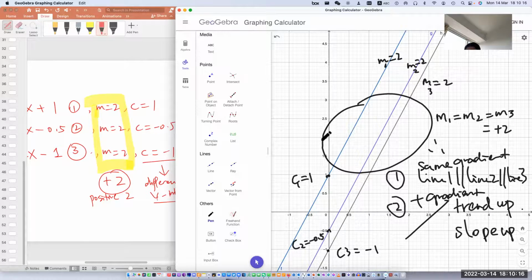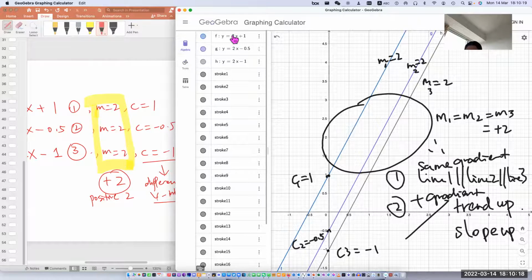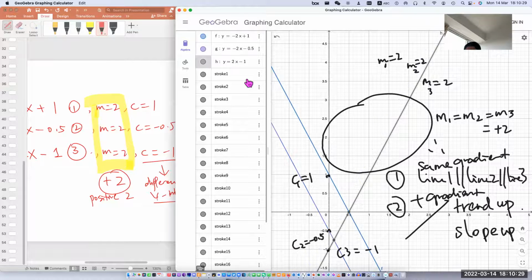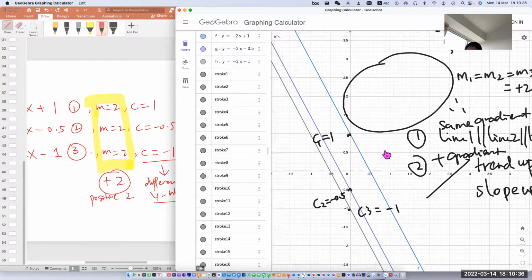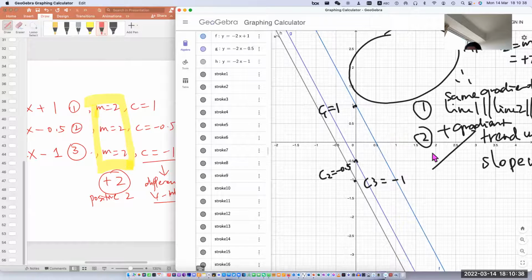Okay, next, let me reverse. Reverse means I don't want to play with positive gradient. Let me play with negative gradient. So what has changed?